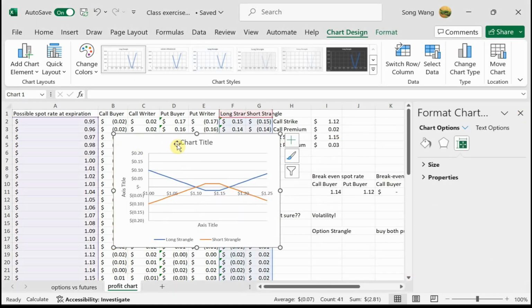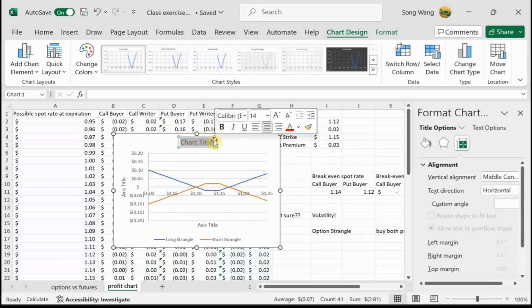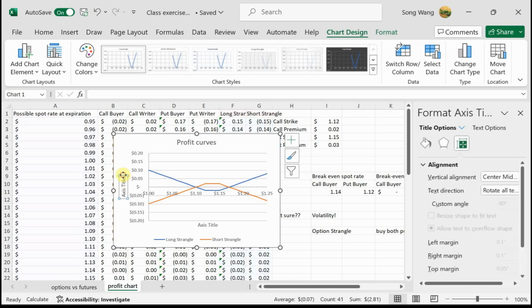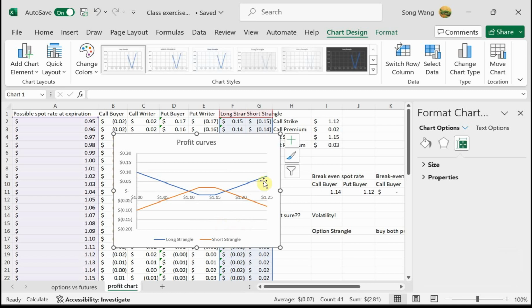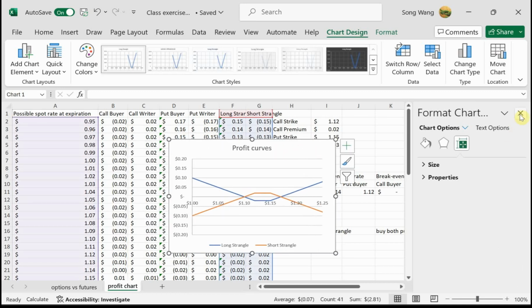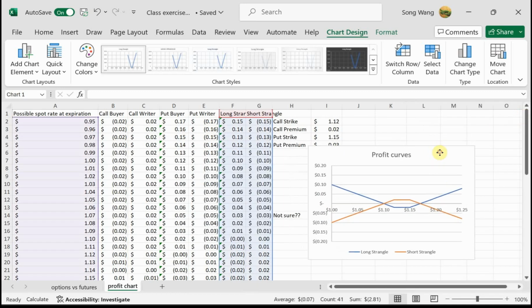Then you name it profit curves. Since we have already done this so many times, just ignore the names for the axis. So that's the profit curve for strangles.